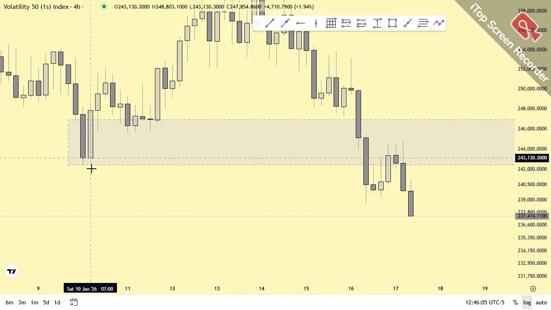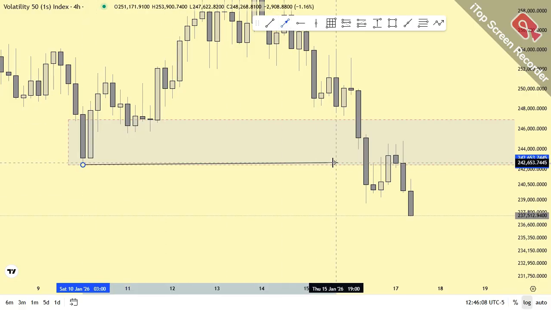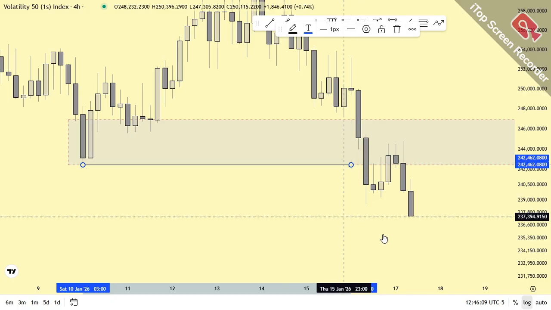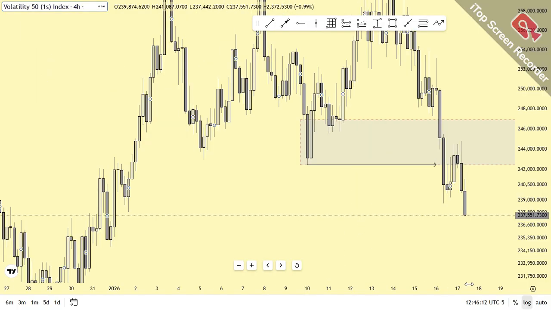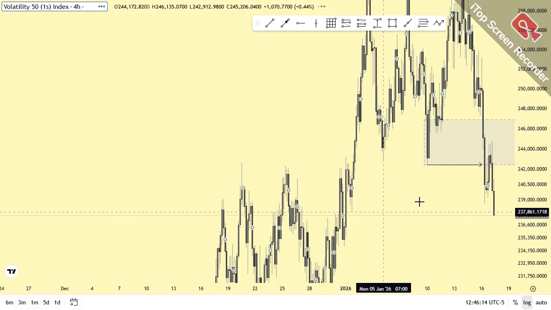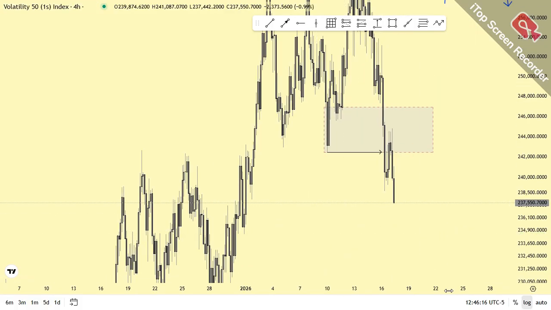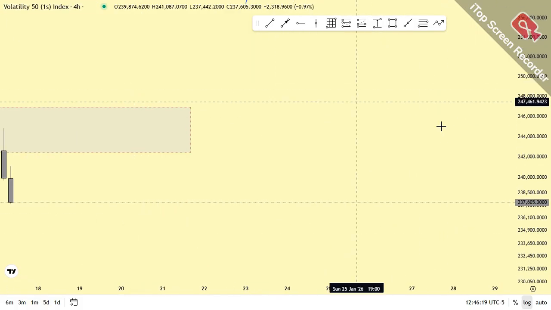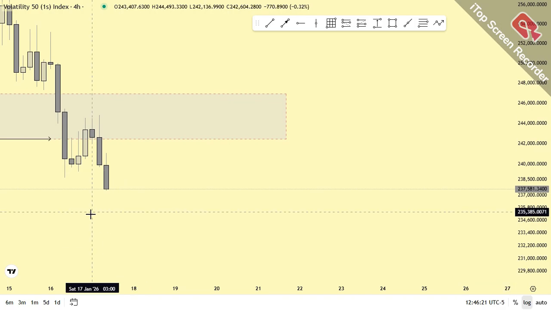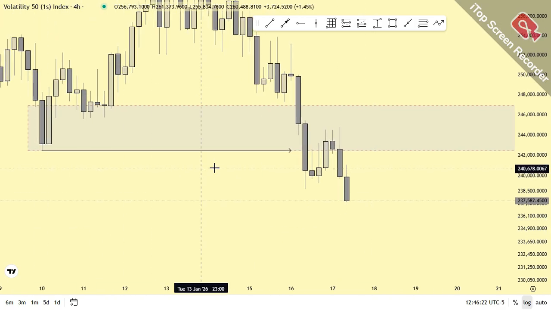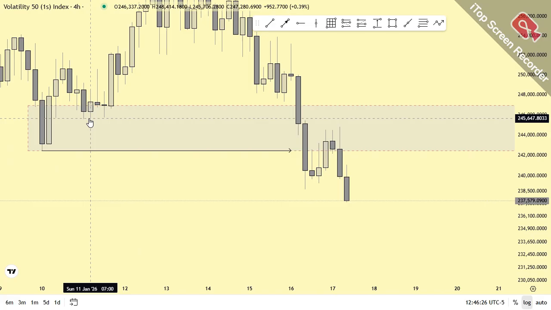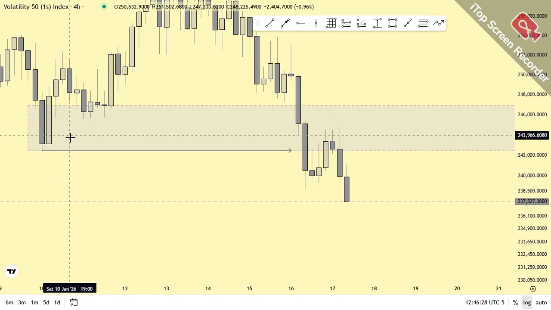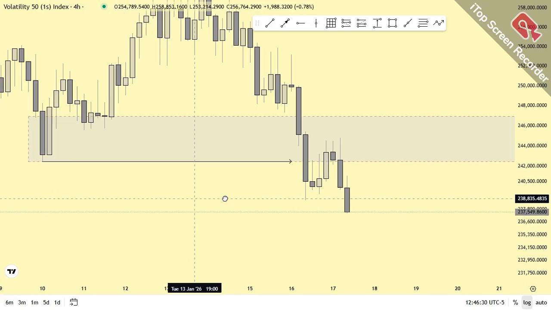So this is our break of structure to the downside. Then when it comes to key level, I'm using A shape and V shape as my key levels, right. So this is a 4 hour time frame. Now you can see that we have a break of structure of this zone, right. So our key level should be this.